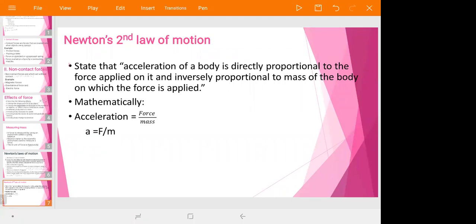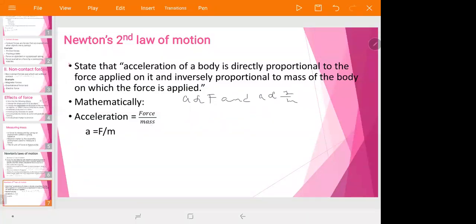Acceleration is directly proportional with force, and inversely proportional with mass. Therefore, acceleration is equal to force over mass.